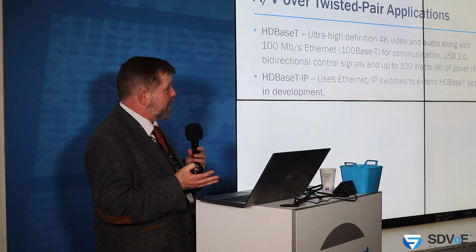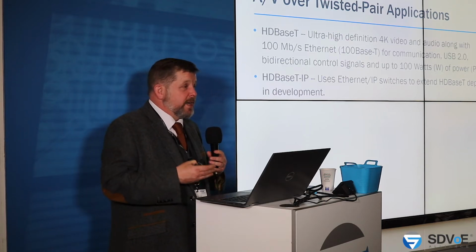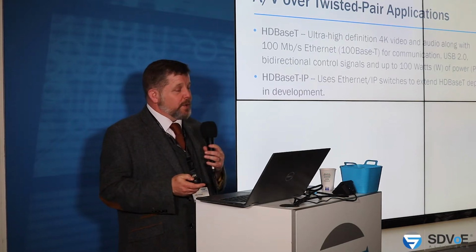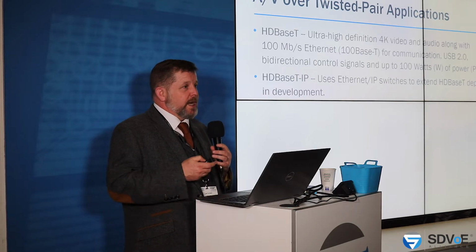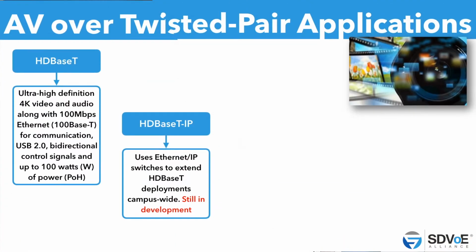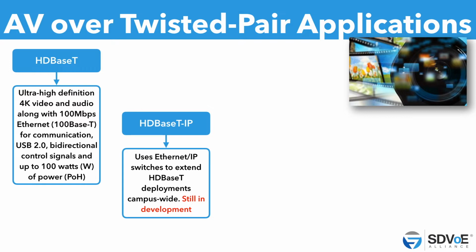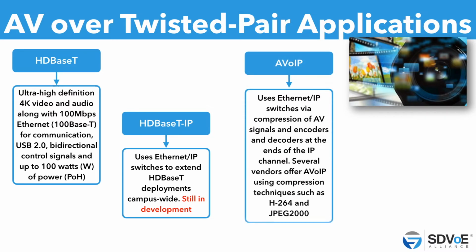So it absolutely makes sense that we're going to start bringing the AV technology onto a traditional networking platform. So we use typically here in AVoIP Ethernet IP switches. We're not going to use those traditional matrix switches.